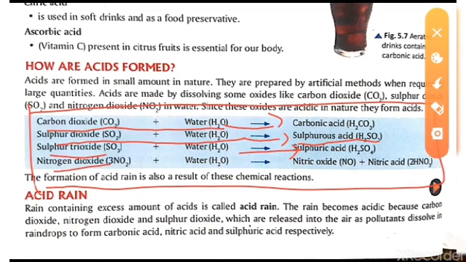Nitrogen dioxide, the same thing, they are oxides, and when they react with water, they form nitric acid. So from this table we have understood that whenever oxides react with water, they form acids. This is how acids are formed.